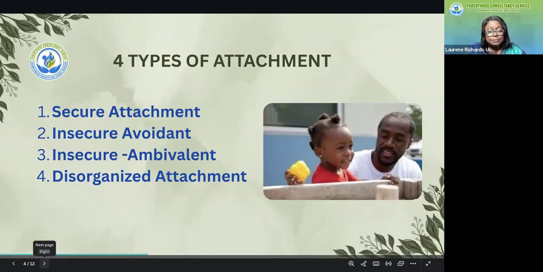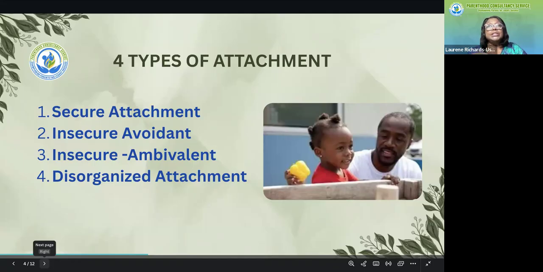Sometimes loving, sometimes neglectful. You can see the inconsistency here with a parent that is ambivalent. What that does is it confuses your children. And also, your child can become very clingy and insecure about the caregiver's ability.